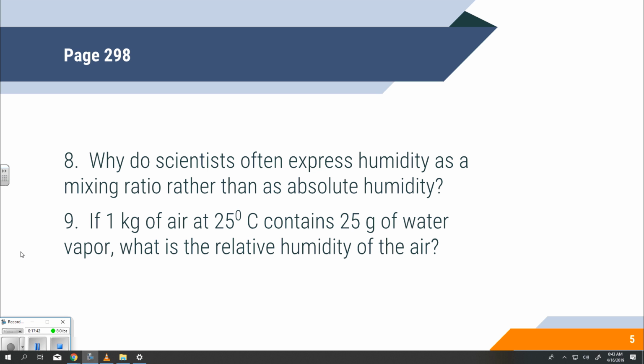Question 8. Why do scientists often express humidity as mixing ratio rather than absolute humidity? Answer: because it uses only units of mass.